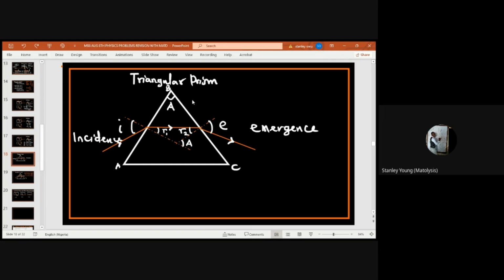So that automatically means that A equals 60 degrees for an equilateral triangle. Please take note of that. A is called the optical angle of the prism. That's what A stands for.